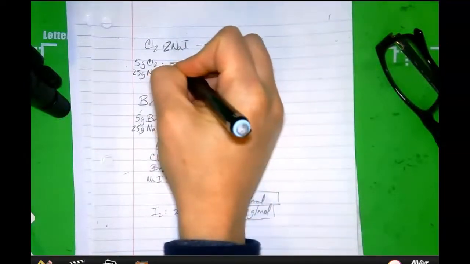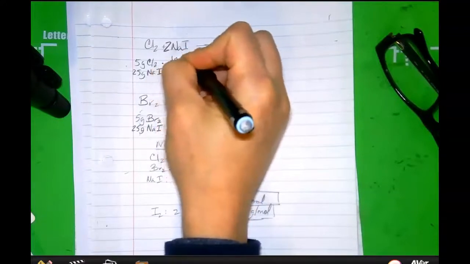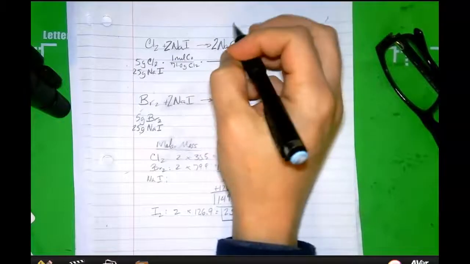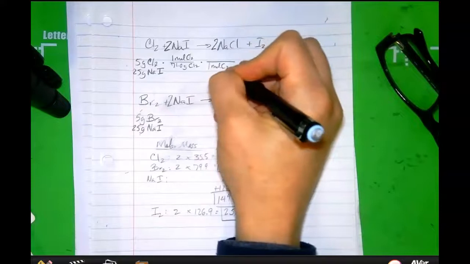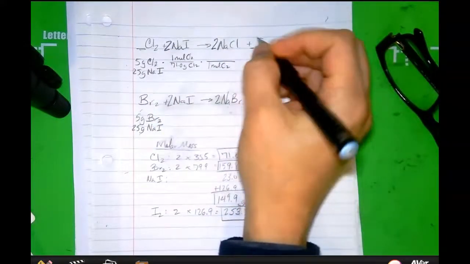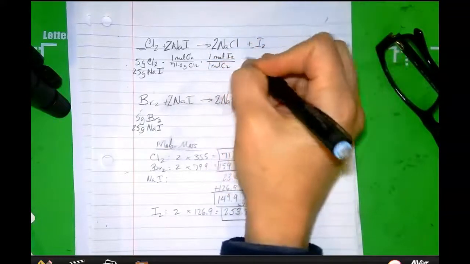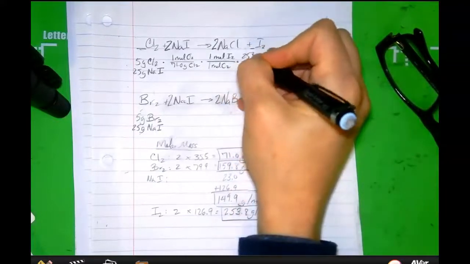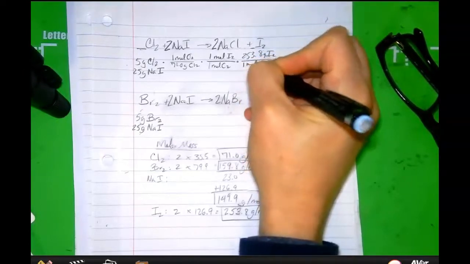We have 71 grams of chlorine gas for every 1 mole of chlorine gas. Convert moles to moles. For every 1 mole of chlorine gas, there's 1 mole of I2. That's easy. And then we might as well convert to grams. We have 253.8 grams of iodine for every 1 mole of I2.